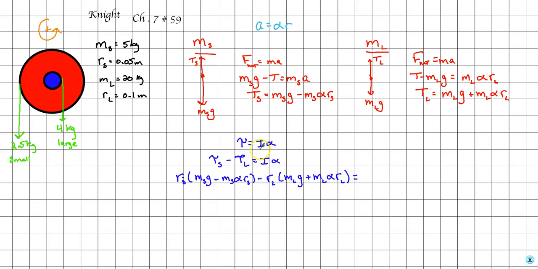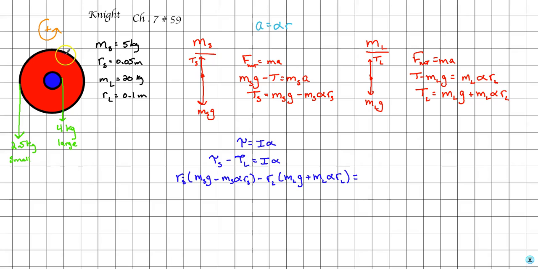And then the next thing we need is the moment of inertia term. This is the net moment of inertia for the entire thing, and it's made up of two separate pulleys. These two separate pulleys each have their own moment of inertia, and because they're solid cylinders, they follow the equation I equals 1/2 mr squared.